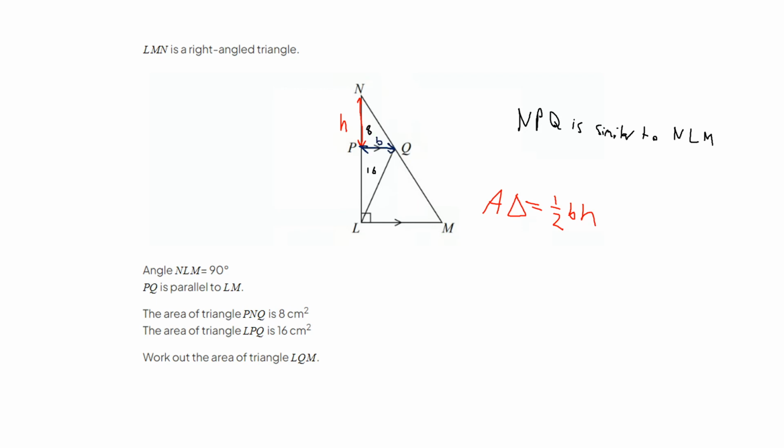Which means that by using proportionality, this has to be 2h, okay? And so therefore, we can say with reasonable certainty that NL is equal to 3h, okay? Now, we need to work out the scale factor. The scale factor is equal to 3h divided by h, which is just 3.